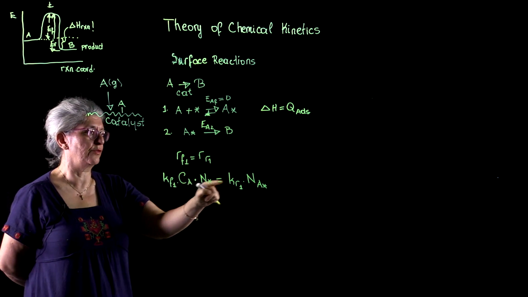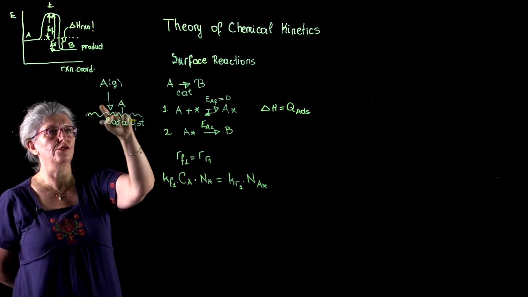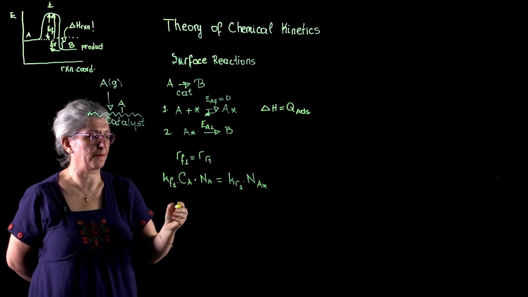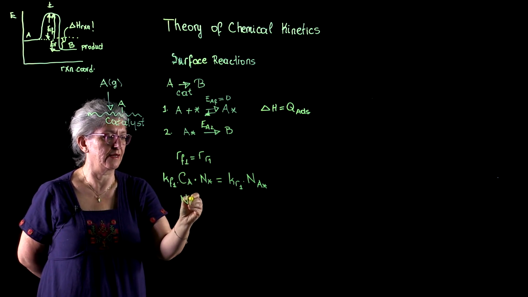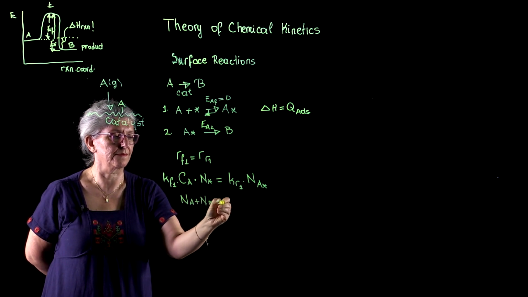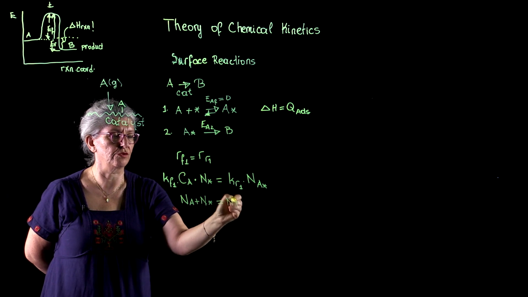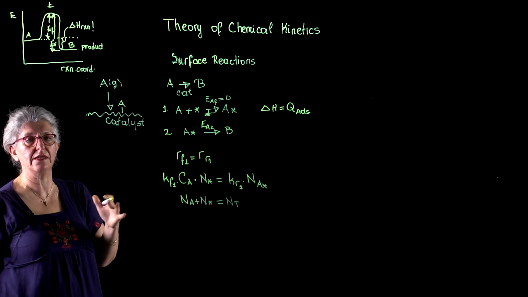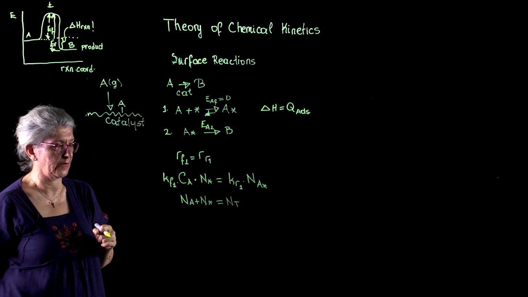However, those N's refer to the ones that are on the solid surface of a catalyst. N_A plus N star is equal to the total number of sites that were available in the beginning of the process.